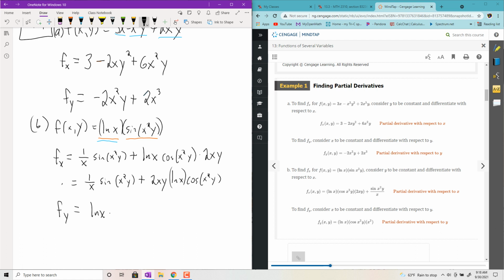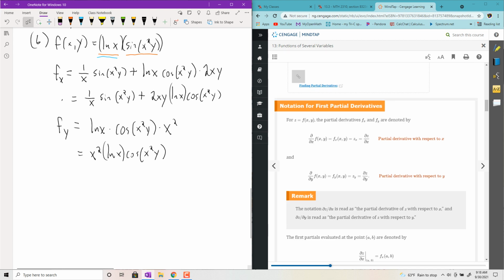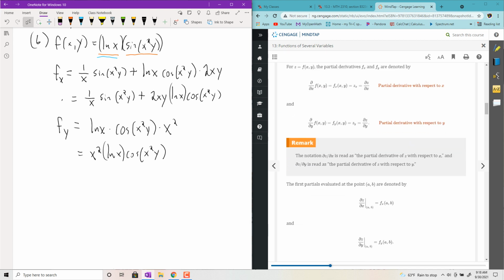So that would be now cosine of x squared y, and then the derivative of x squared y with respect to y, that's just going to be x squared. So it's going to be x squared times ln x times the cosine of x squared y. So really, I think, not too big of a deal.